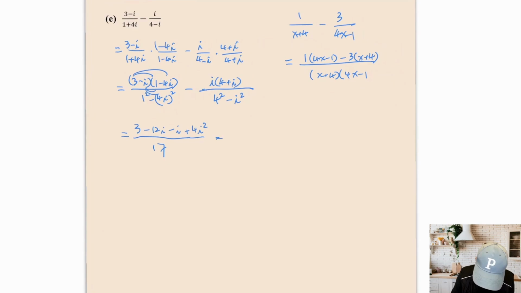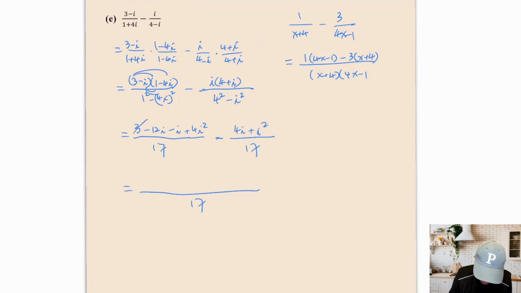For the second term, 16 minus negative 1, 17. Okay, 4i plus i squared. Okay, the denominators become real numbers, and luckily they are the same. So we have the same denominator. Okay, so we copy everything down.